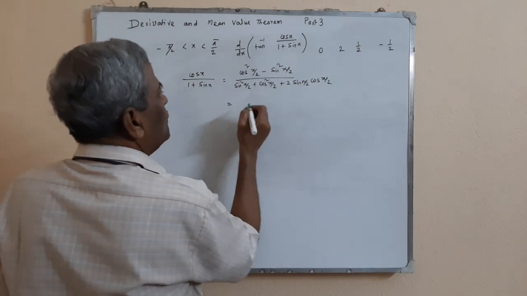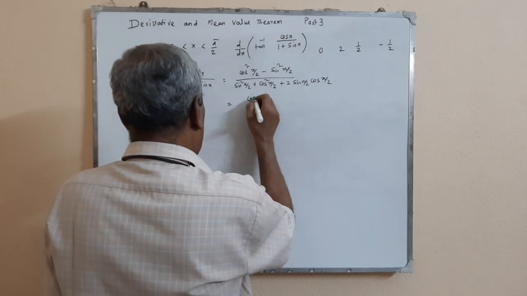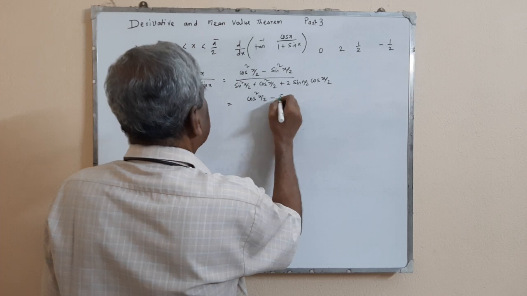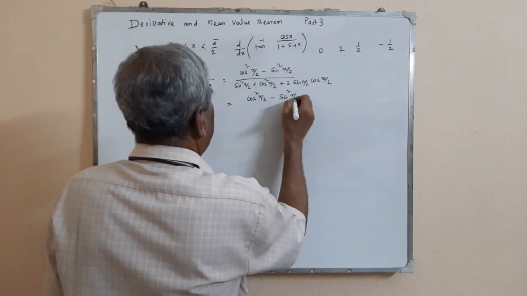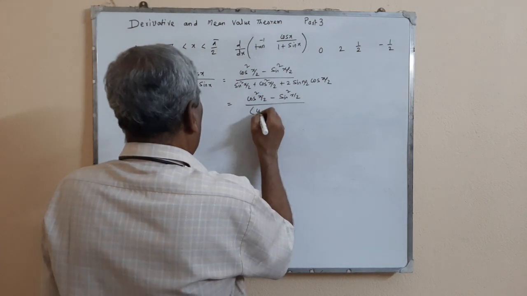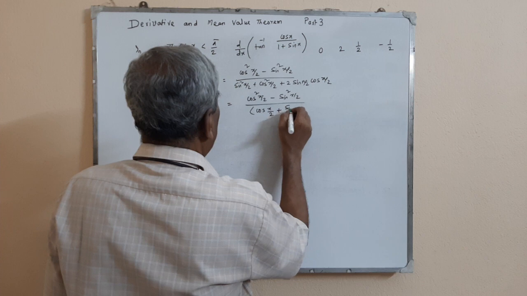So that it is equal to cos square x by 2 minus sin square x by 2 by cos x by 2 plus sin x by 2 whole square.